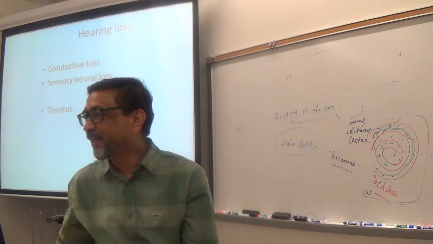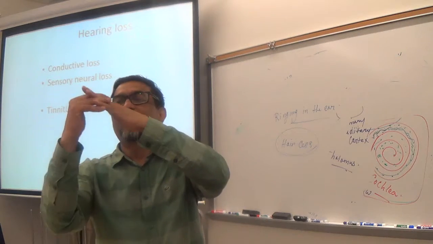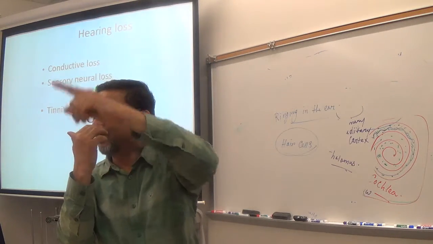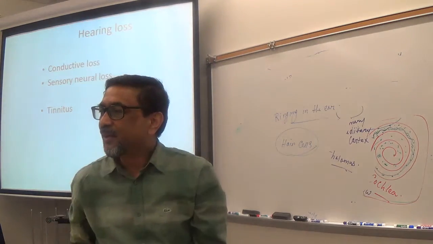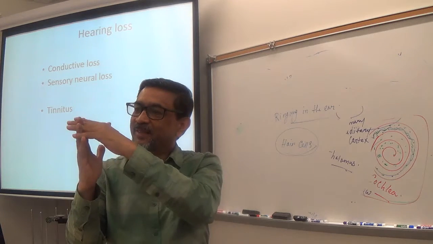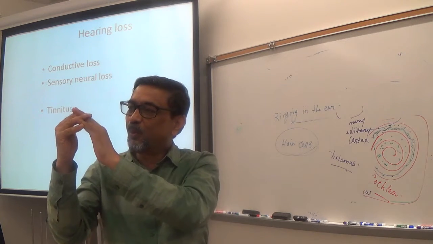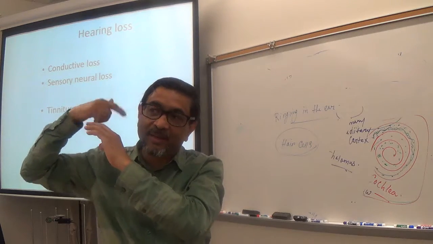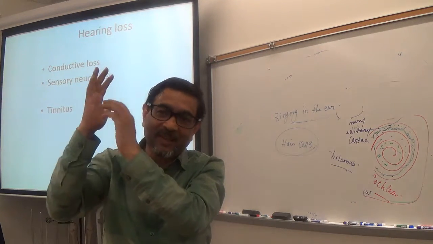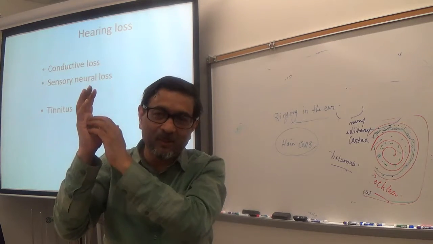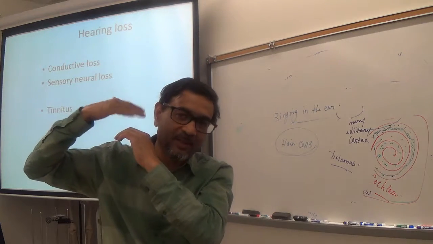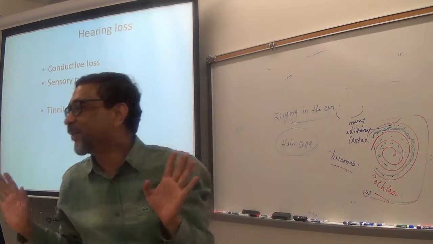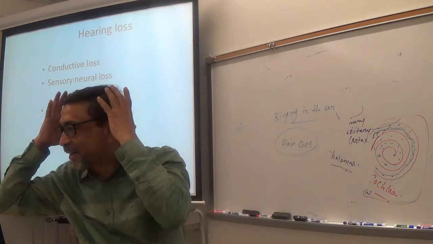But now you already know that when the hair bends, signal goes to the brain, right? Now, if something bends the hair without the sound waves entering into the ear, intrinsically, if these hair cells are activated without any external waves getting in, brain only knows what? Brain is sitting in the dark, right?